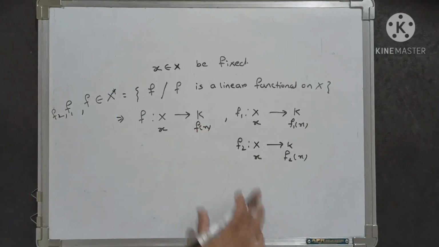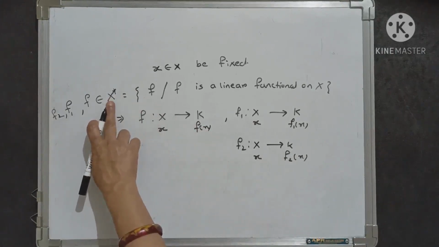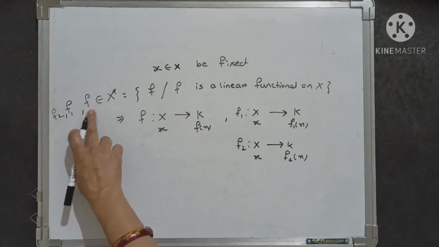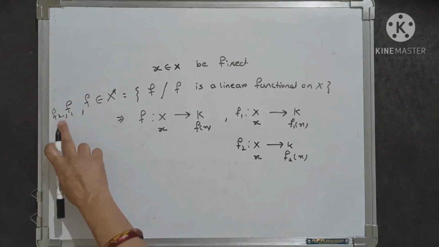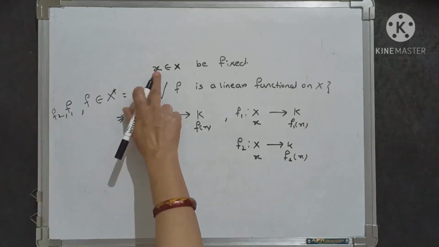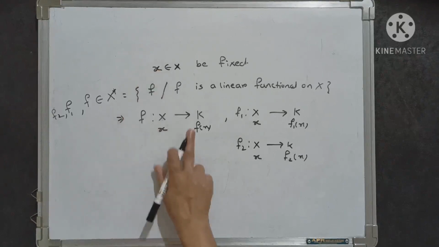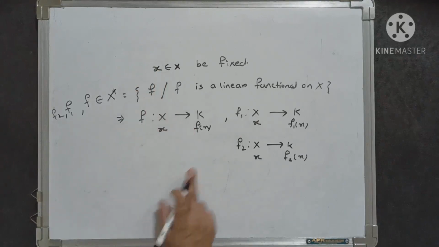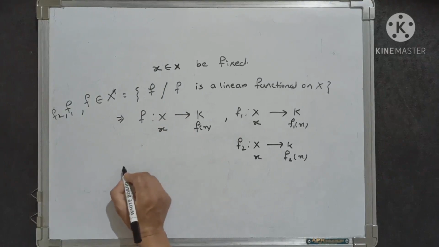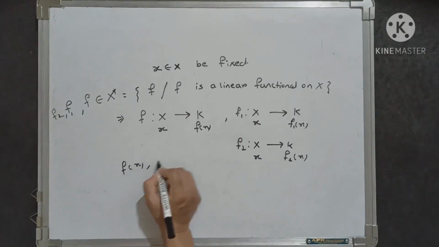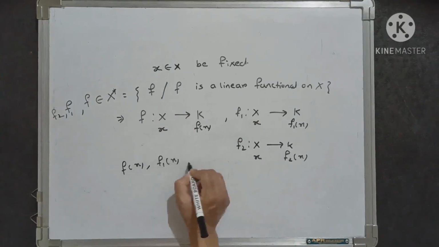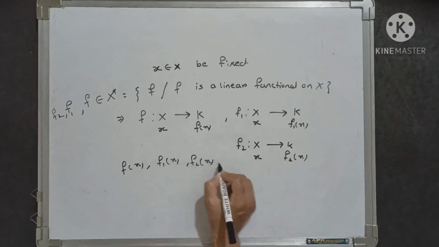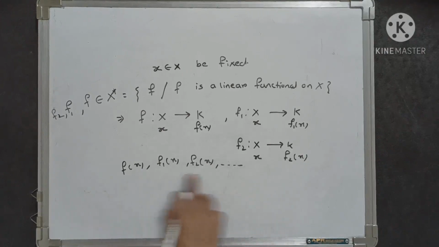Continuing in this way, for each element of x star, each element will be applied on the point small x, giving f of x, f1 of x, f2 of x and so on. This continues for all the elements of x star.